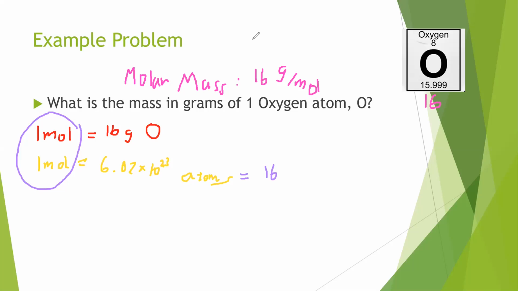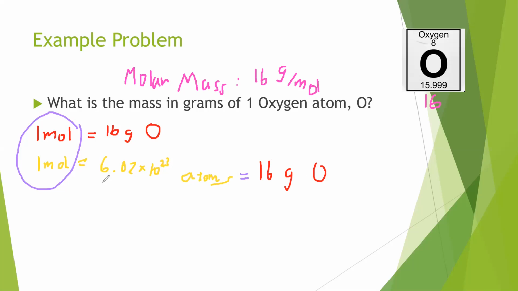So we have 6.02 times 10 to the 23rd atoms equals 16 grams of oxygen. So we have 6.02 times 10 to the 23rd atoms is 16 grams.